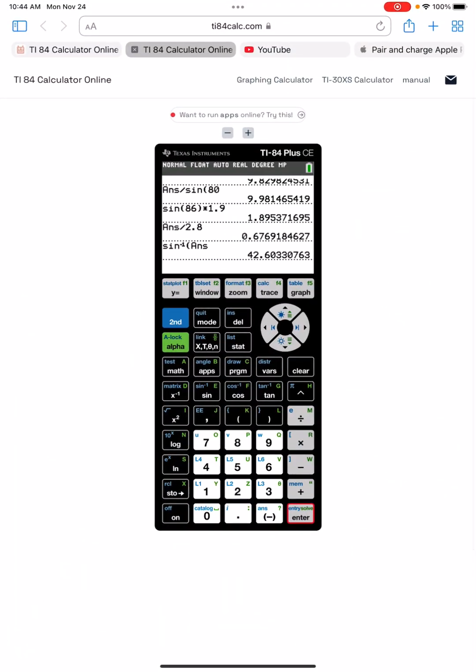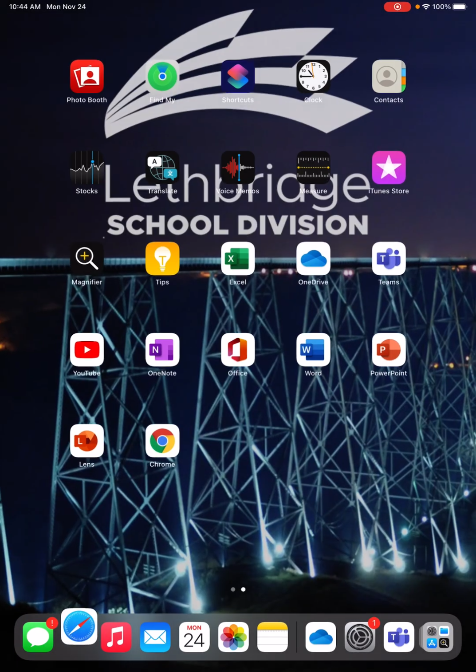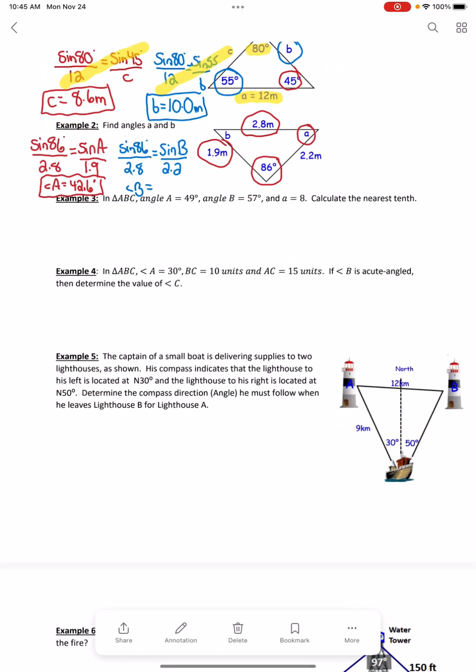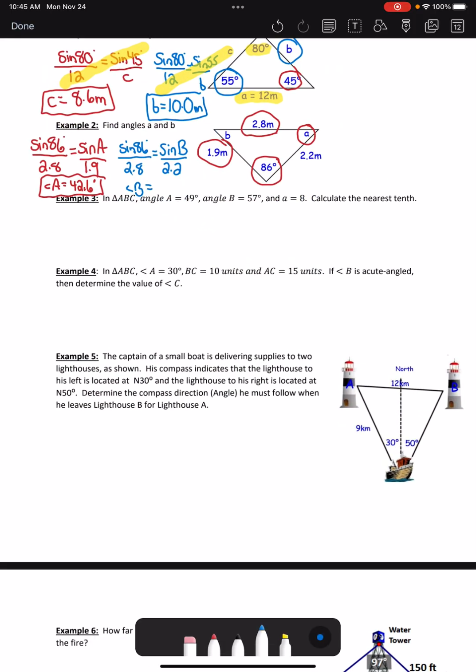So I'm going to go sine 86 bracket times 2.2, enter, divided by 2.8, enter, second function sine, second answer, and that gives me 51.6 degrees. So go back to my notes. And I'm going to go 51.6 degrees. Great. Moving on to example 3.